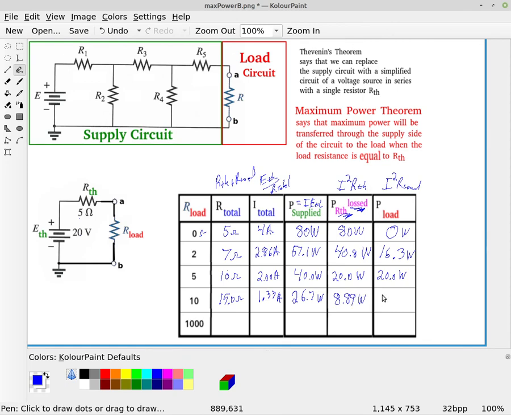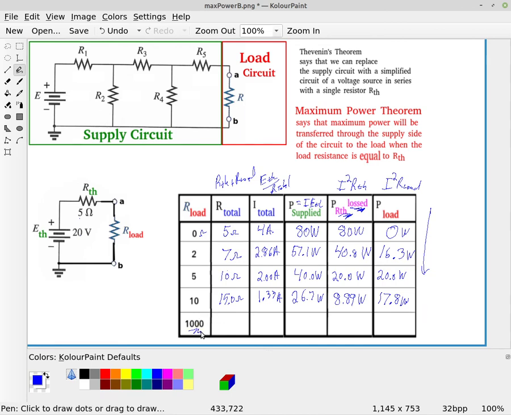The power making it all the way through the supply circuit to the load turns out to be 17.8 watts. So we can see now, wait a minute, we were going up, but now we've gone down. Okay, so let's just do one more here.